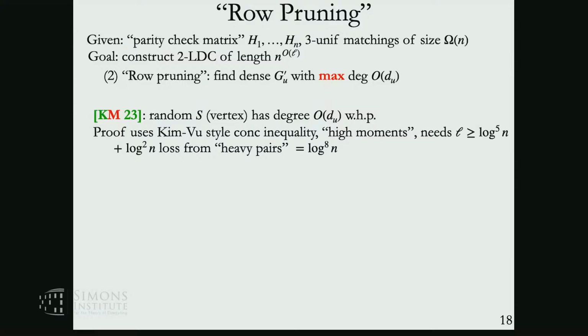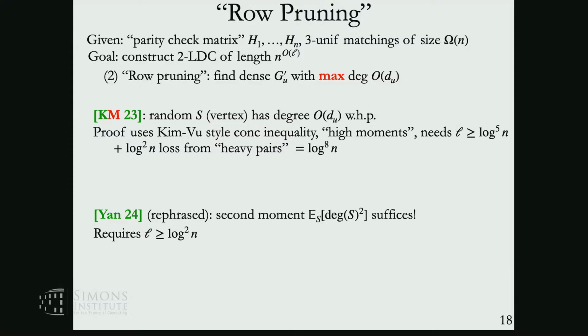And when we view this row pruning step via this probabilistic lens, the idea of Tal's paper can be rephrased as essentially saying that you can just use the second moment method rather than these higher moments. And if you use the second moment method, you only require L to be like log squared n. So then you save quite a few log factors.